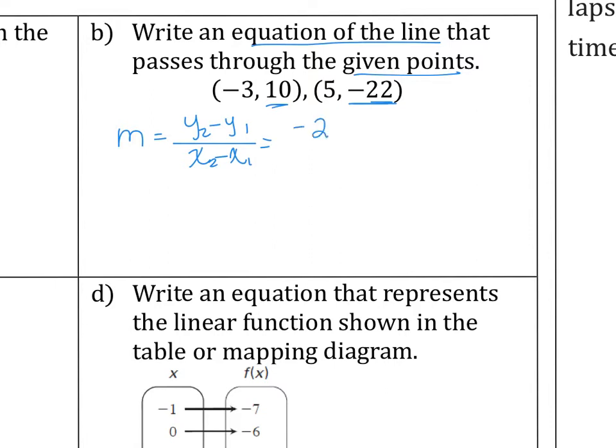So negative 22 minus 10 over 5 minus negative 3. And let's do the math. You get negative 32 over 8, and this would be negative 4.